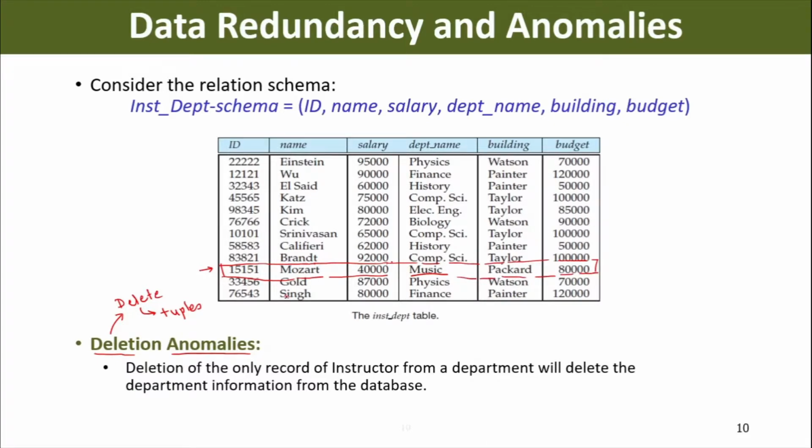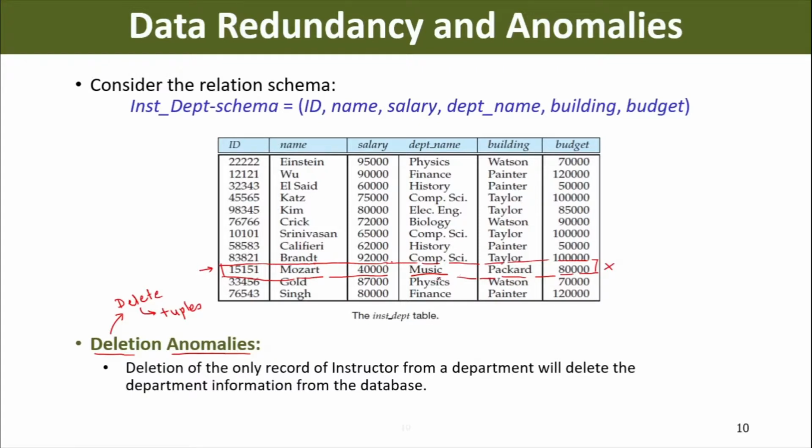So if I want to delete a particular instructor, and if that instructor is the only instructor from that department, then the delete operation will delete not only the information about the instructor but the information about the department also. So this information about the music department will also get deleted, and this is what we mean by deletion anomalies.